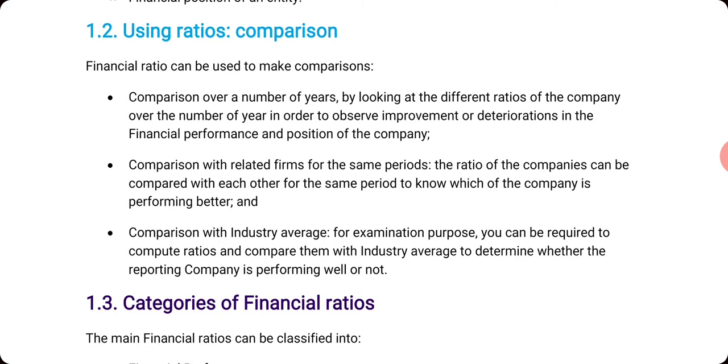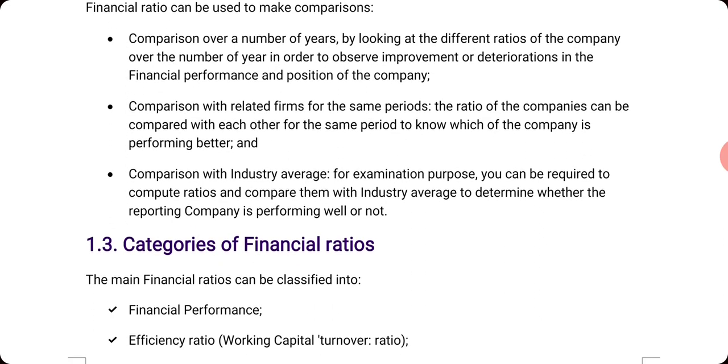This will tell us if we are performing well or not. And we can also make comparison with industry average. For examination purposes, you will often be given industry average where you have to compare the company's ratio against the industry average. This will enable you to determine if the company is a well-performing company or not.